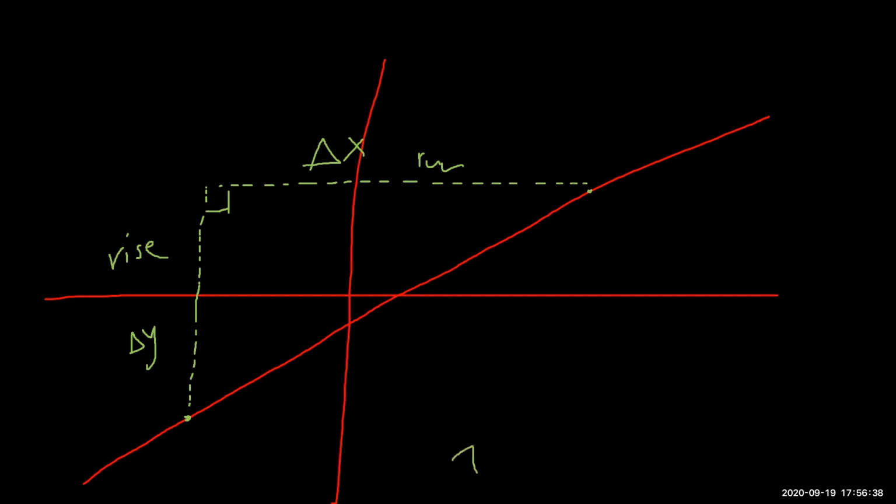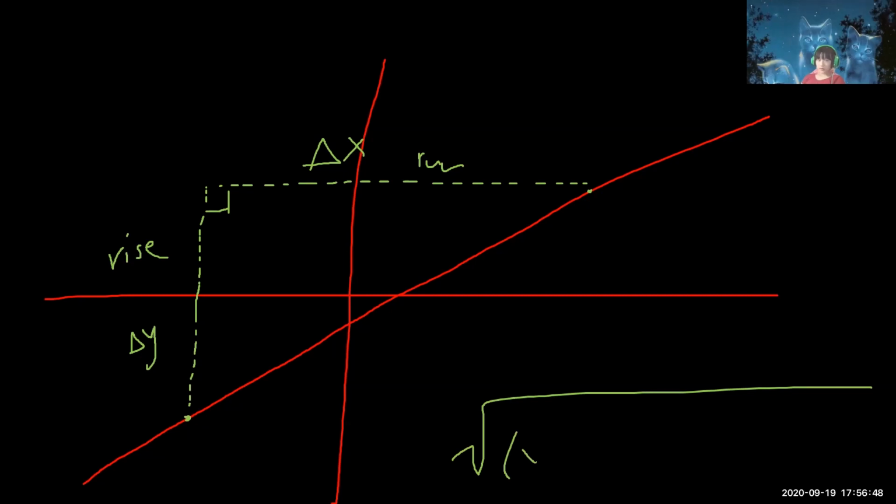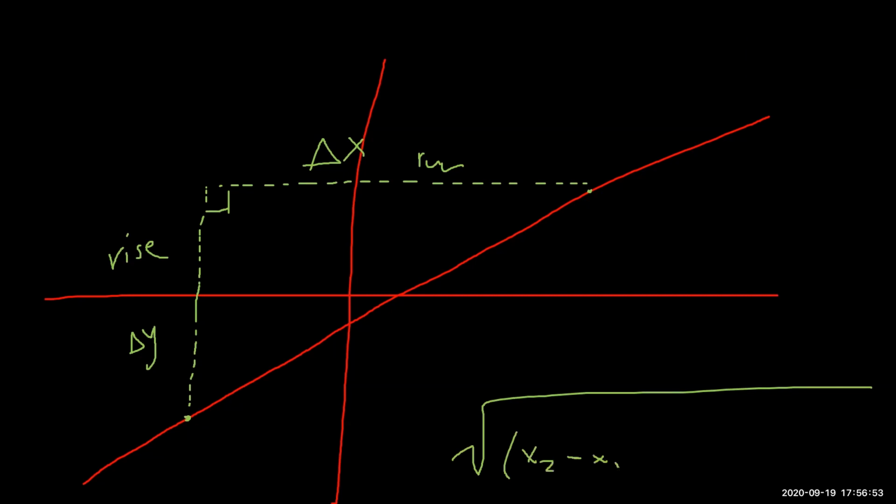Because then you have something called the distance formula. Isn't the distance formula like the Pythagorean theorem? Yeah, that's exactly why it's not a coincidence. This is a right triangle. Y2 minus y1, squared.